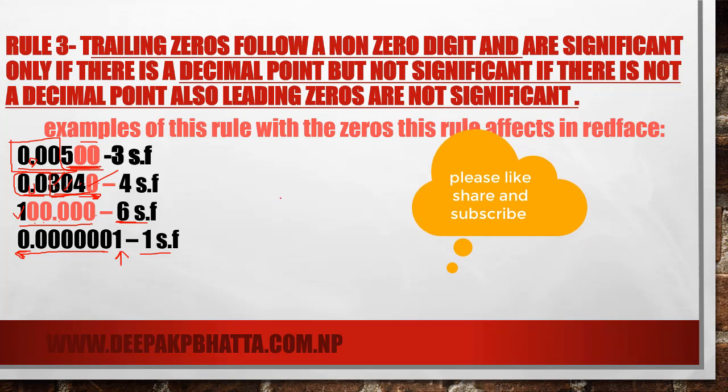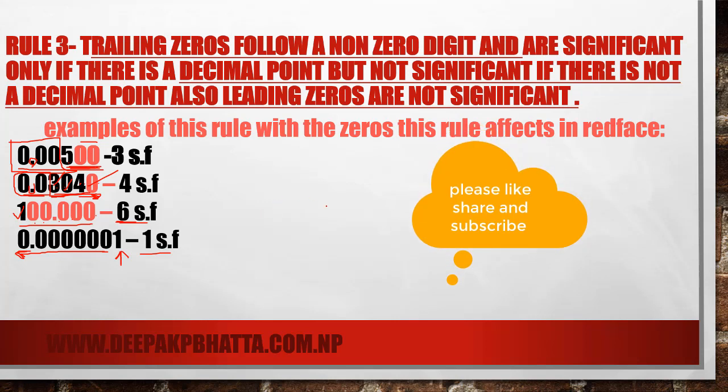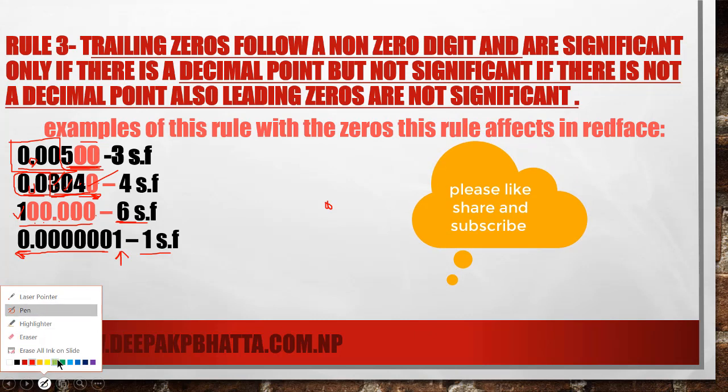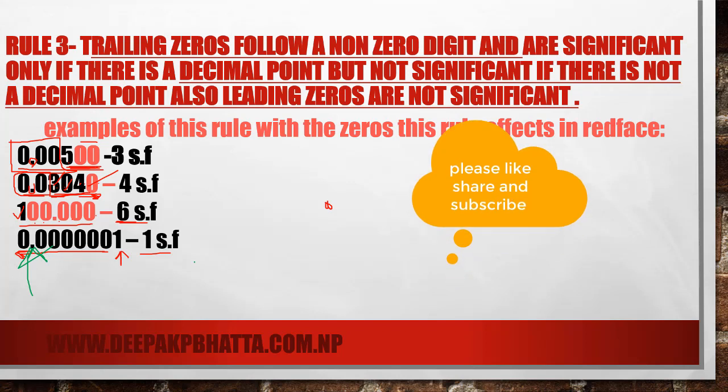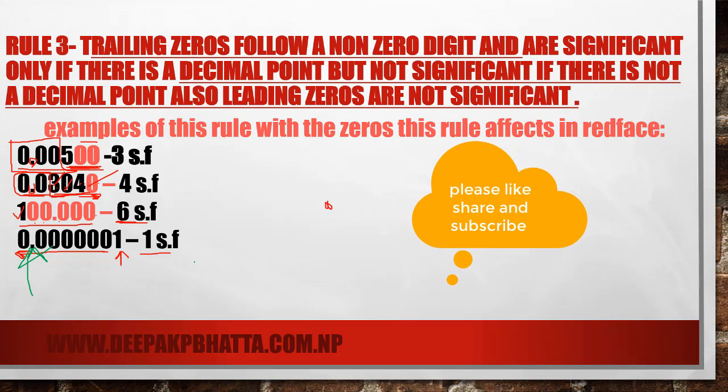What I had said: trailing zeros are to be counted if there is a decimal point. If there is a decimal point, then these trailing zeros are to be counted. If there is no decimal point, then these trailing zeros are not to be counted as significant figures.